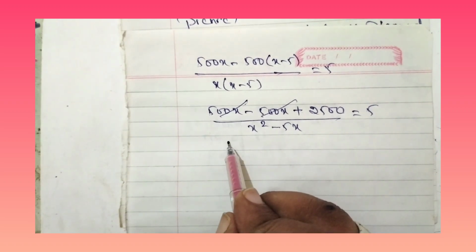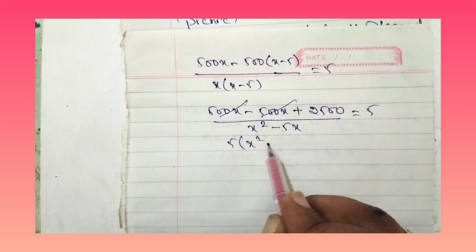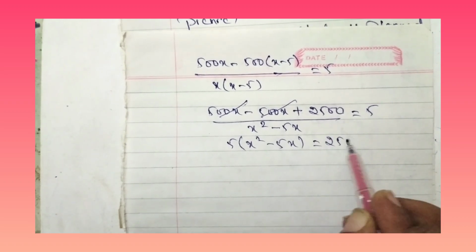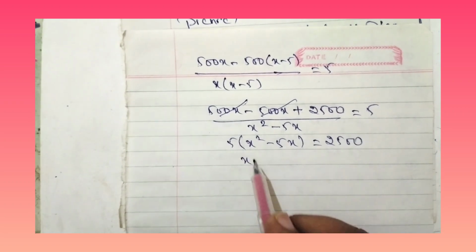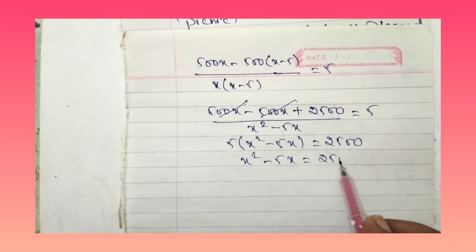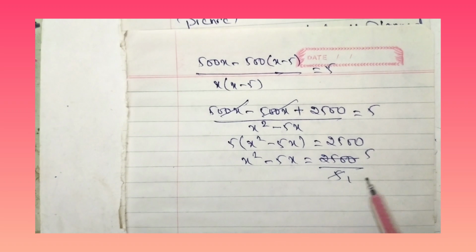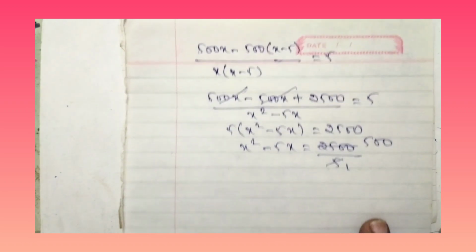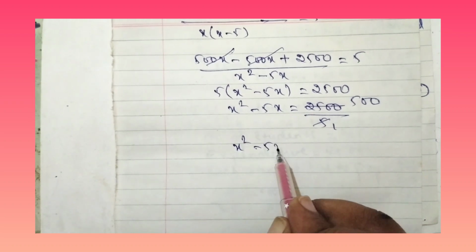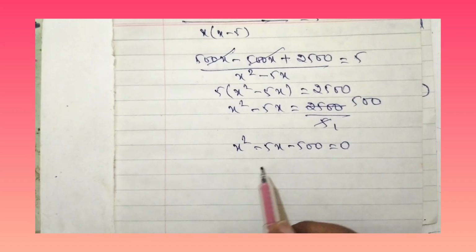Now 5 into x square minus 5x is equal to 2500. So x square minus 5x is equal to 2500 divided by 5, which is 500. So x square minus 5x minus 500 is equal to 0.